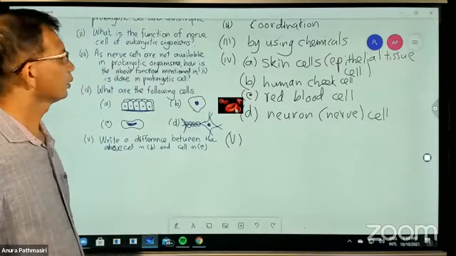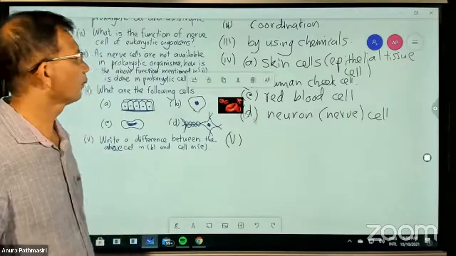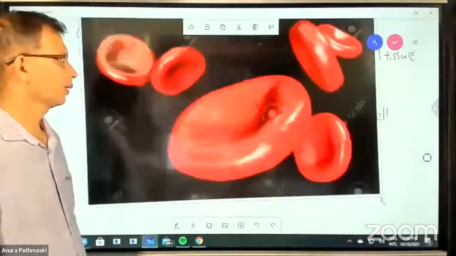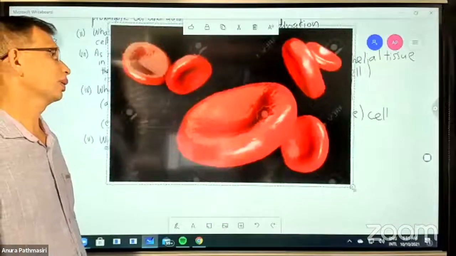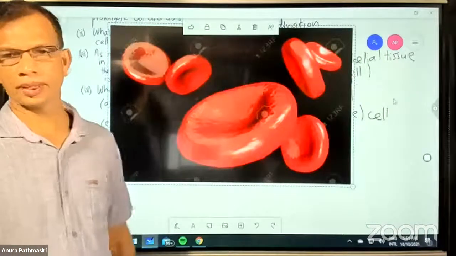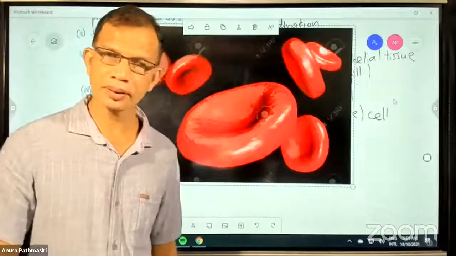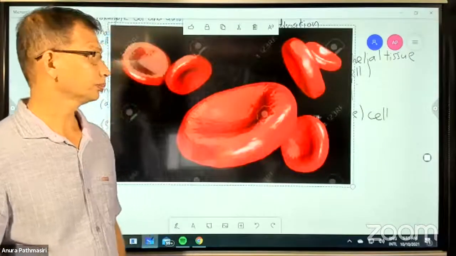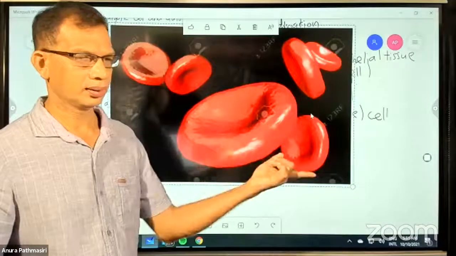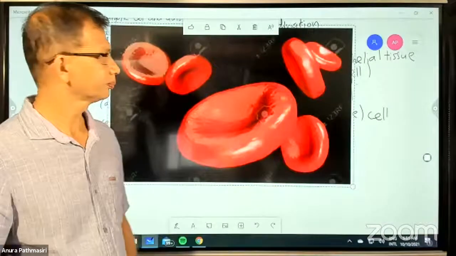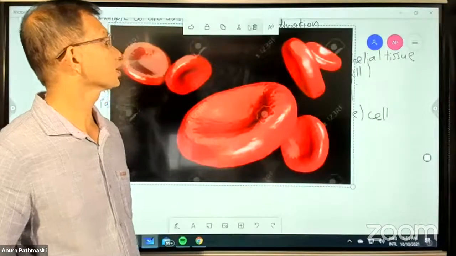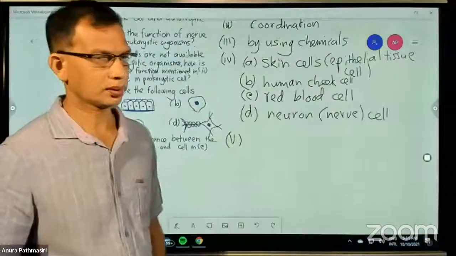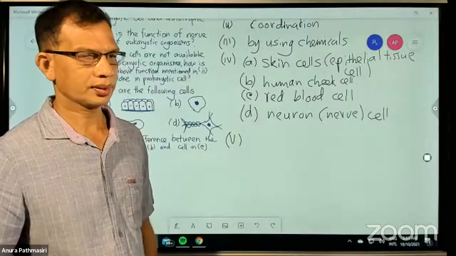Human blood cells do not have nucleus, mitochondria, and ribosome. Yeah, this one doesn't have, as you said, nucleus, mitochondria, ribosome. And a human cheek cell has them. That's the correct answer.